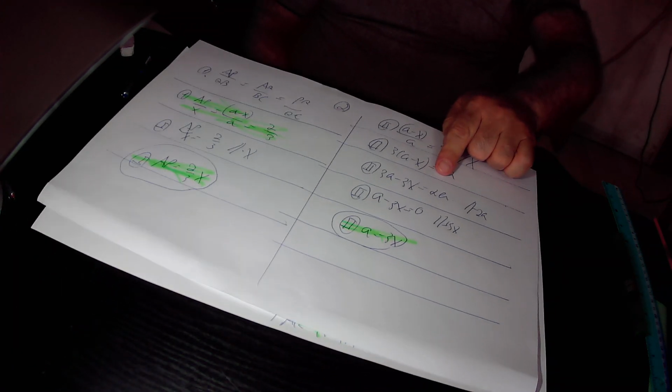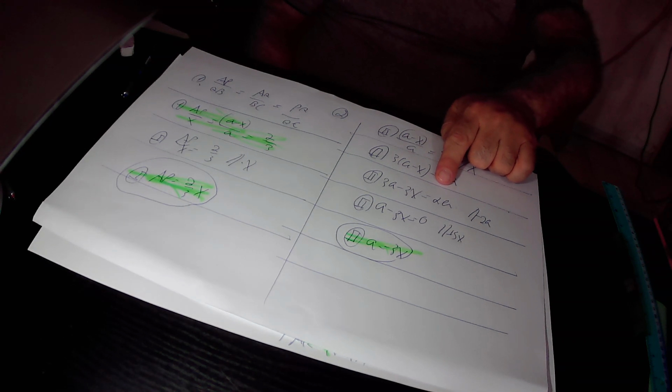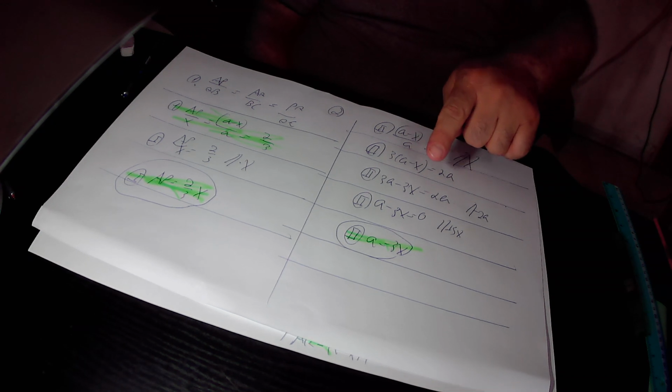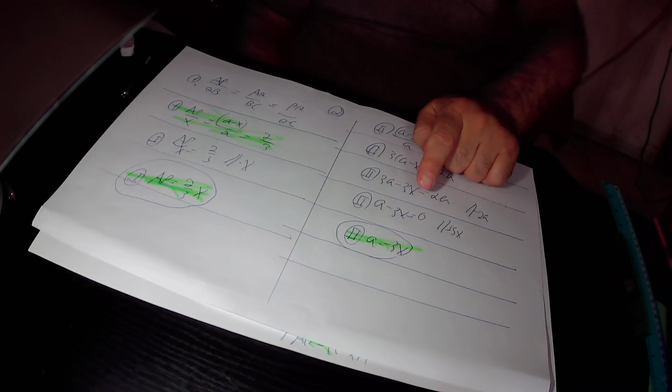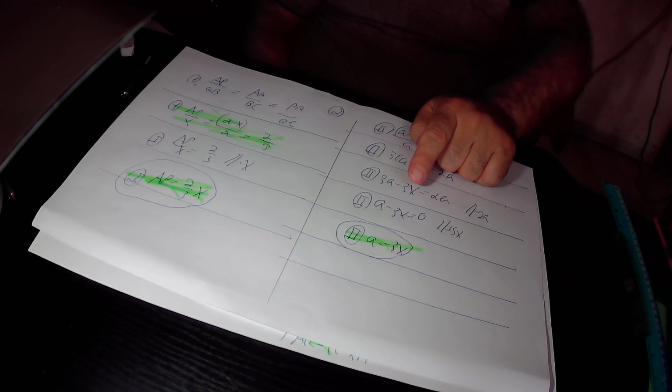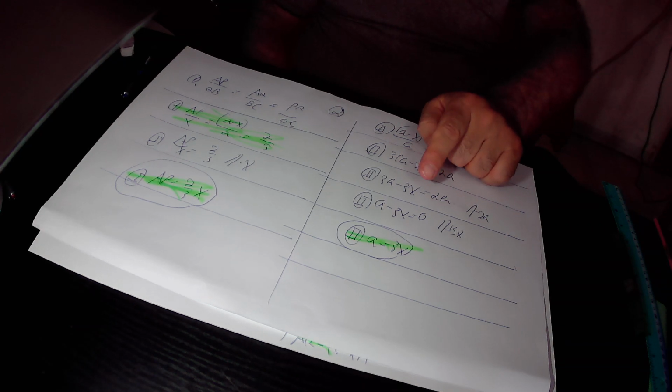Here we subtract 2a and find that a minus 3x equals 0. Then we add 3x and finally find that a equals 3x.